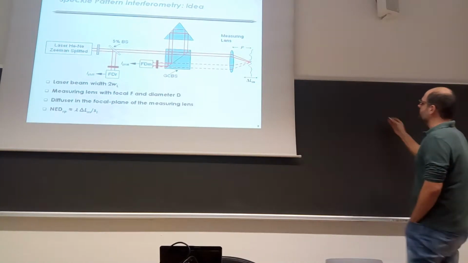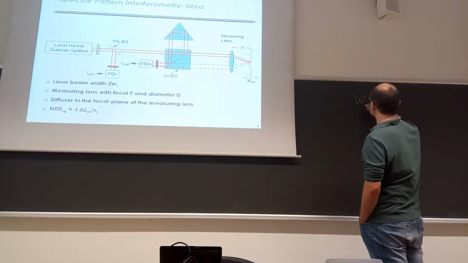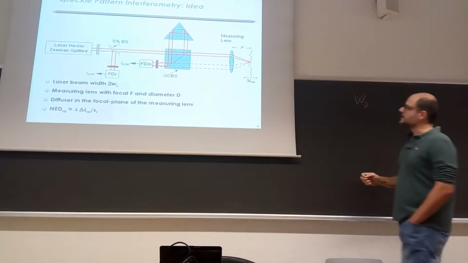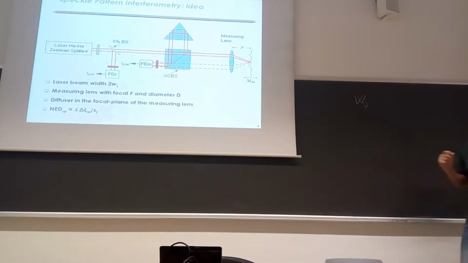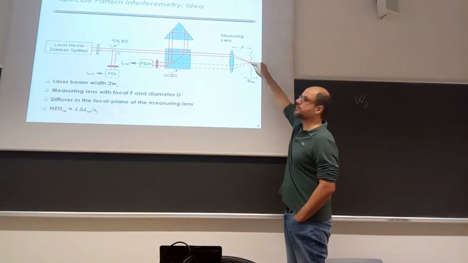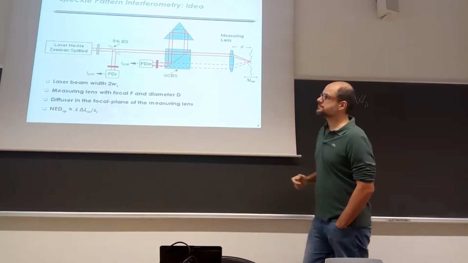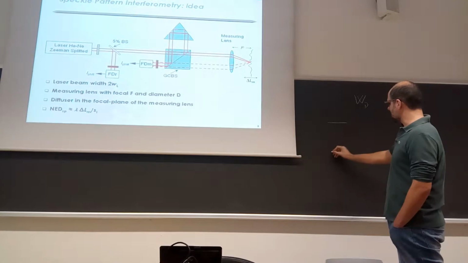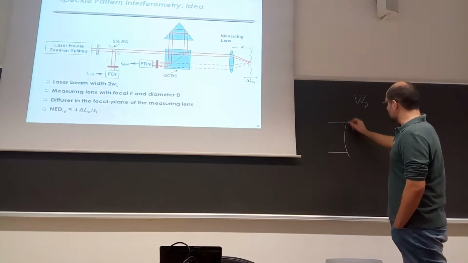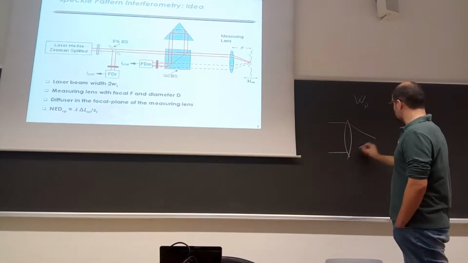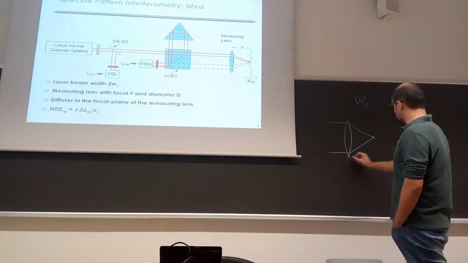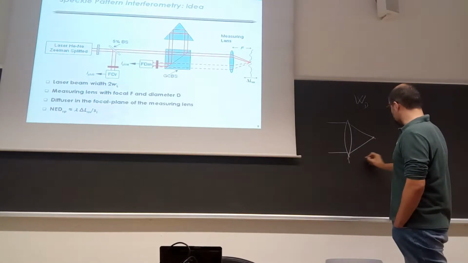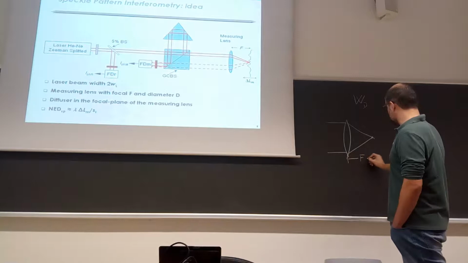In this way, we can try to understand, first, what is the radius of the spot onto the diffuser. Last time we have seen that if you use single mode radiation, you go onto a lens with a particular focal length.